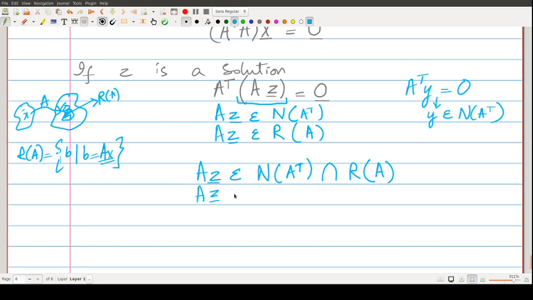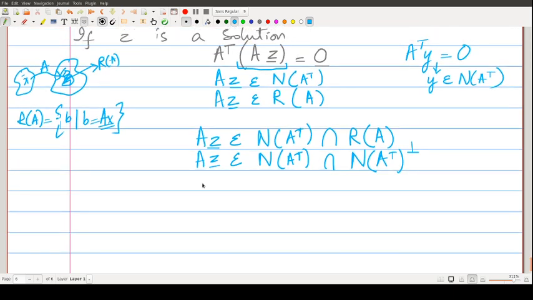So in other words, I'm saying that not only is it in the null space of A transpose, it is also in the orthogonal complement of the column space of A. So I'm saying that Az is a member of a subspace and its orthogonal complement.